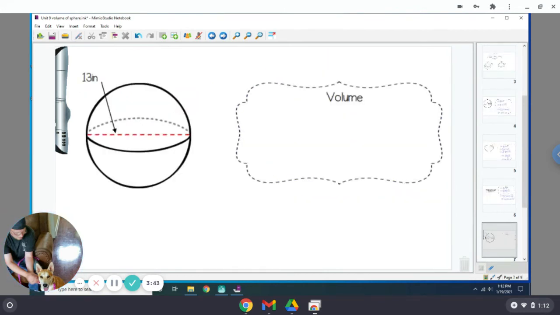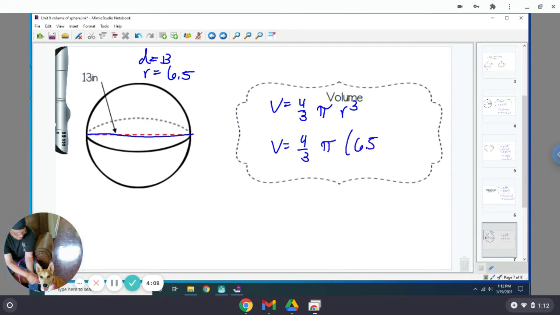Okay, let's try another one. This time, 13 is the diameter because it goes all the way across. So your diameter is 13, so you're going to have to find the radius. So you're going to have to find half of 13, which is 6.5. So the radius would be 6.5. So we're going to do V is equal to 4/3 pi radius cubed. And your radius is 6.5.